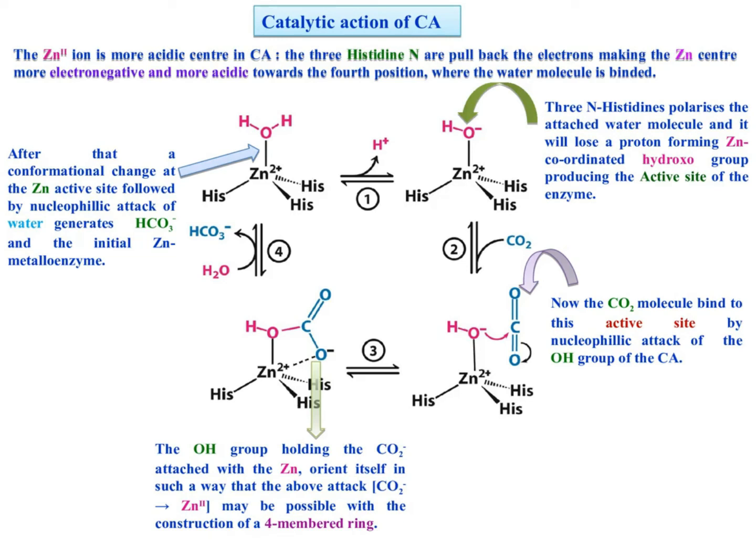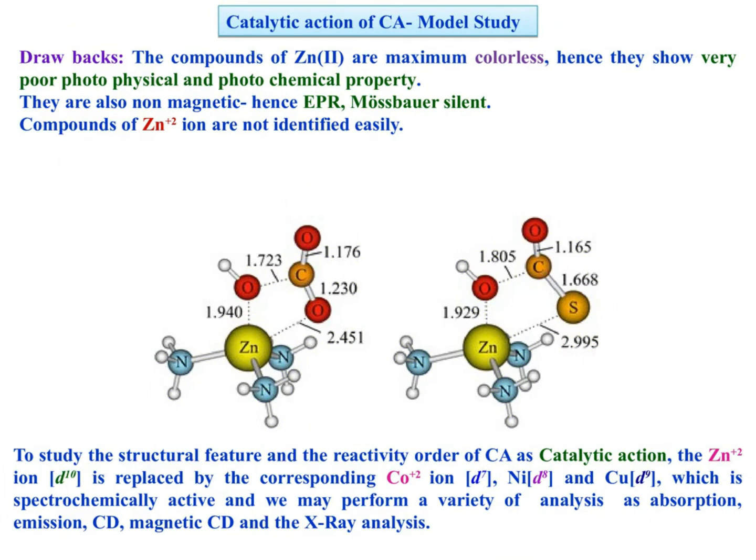And this regenerated catalyst is ready to perform another catalytic cycle to convert carbon dioxide to bicarbonate ion. This is the brief procedure of hydration of carbon dioxide to bicarbonate in presence of CA or HCA.